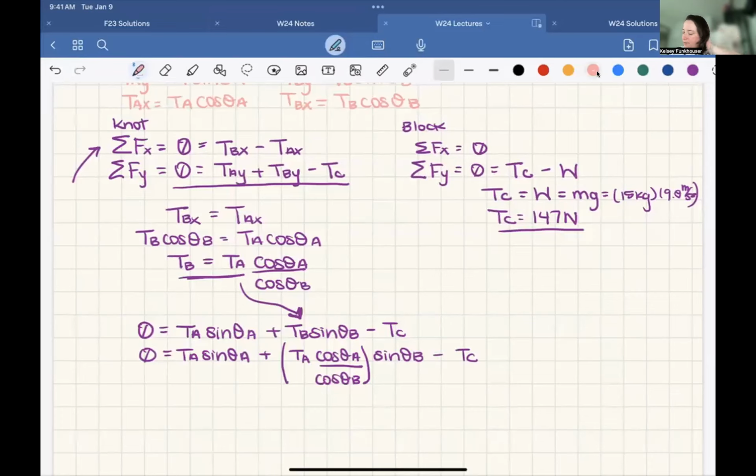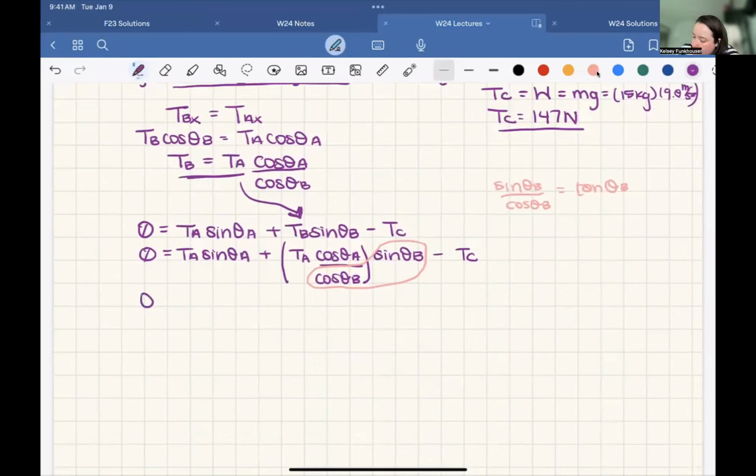And one thing to note, to simplify: the sine over the cosine of the same angle is tangent, so sine theta B over cosine theta B is tangent theta B. That reduces the things we have to write down and calculate.